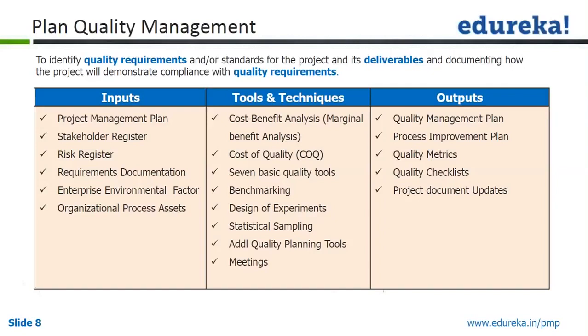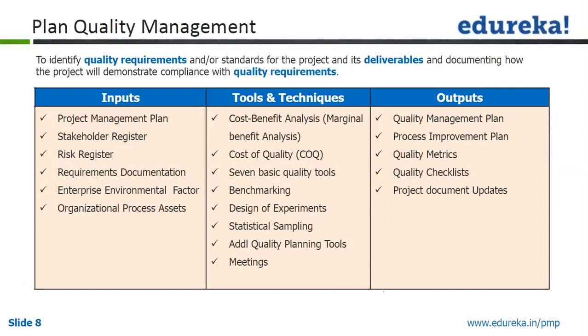The risk register contains the information on threats and opportunities that may impact our quality requirements. Then requirement documentation, of course, is one of the important documents that will give us more insight into the quality related requirements. So all these inputs will provide us the quality requirements.